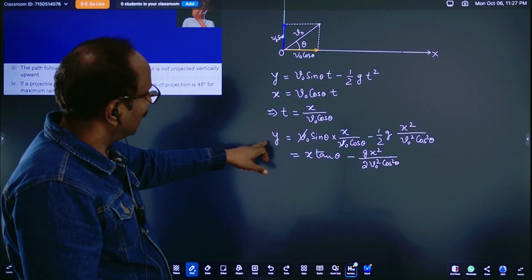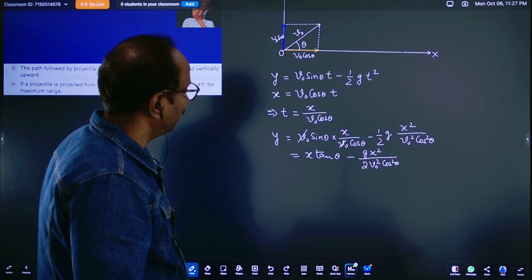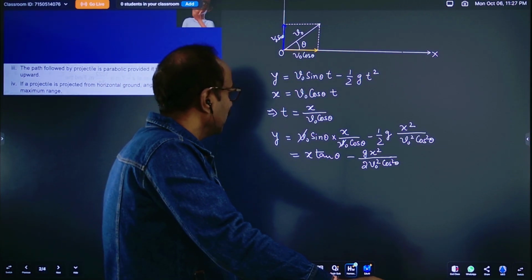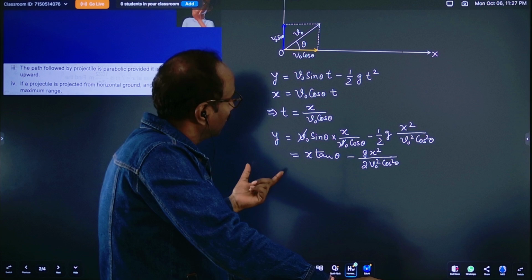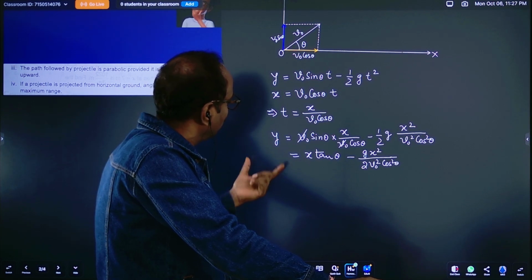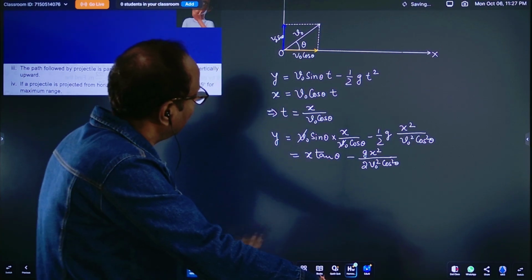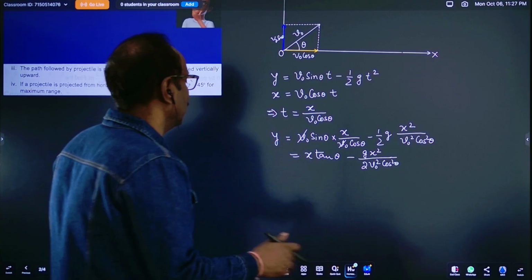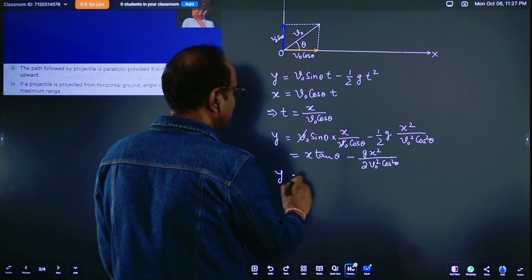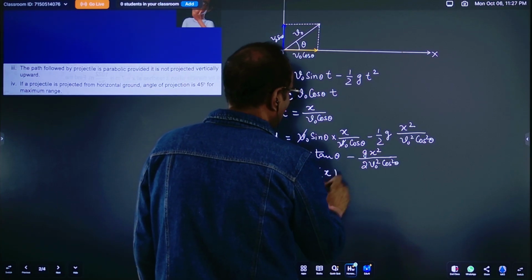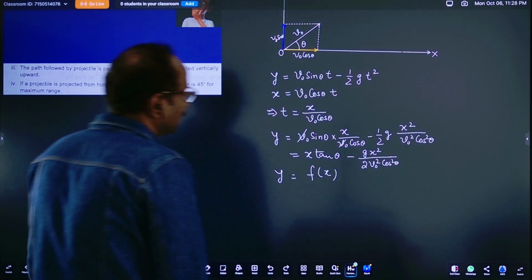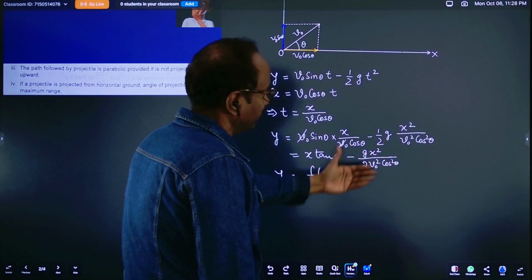So it is a quadratic equation in x, with y as a function of x. And what kind of function is this? This is a quadratic function.